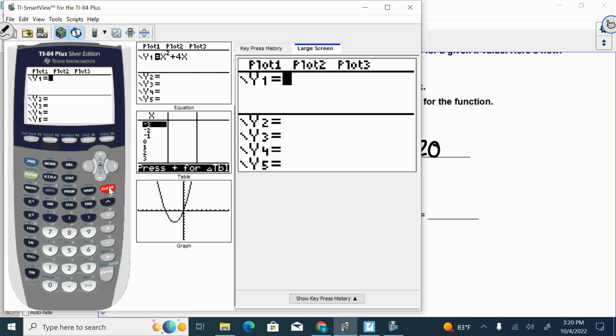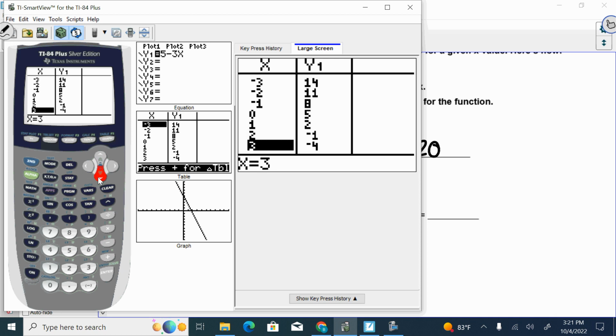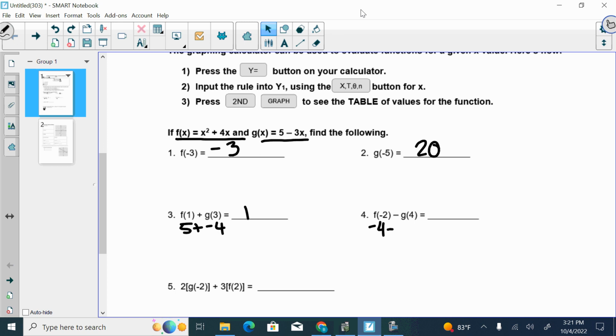What is g? Very good. So I'll type in 5 minus 3x and pull up the table. And they ask for a g of what? 4. Okay, so I look in my calculator at my x's, and when x is 4, what is y? -7. Very good.